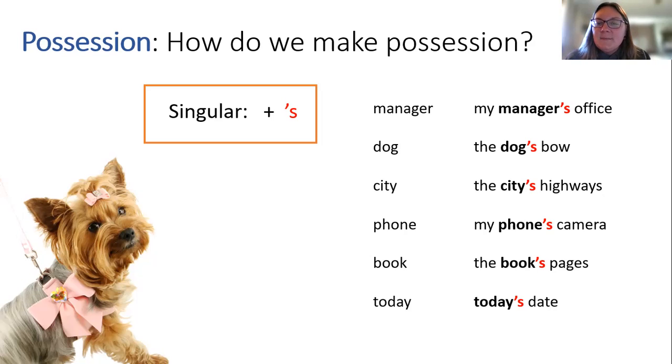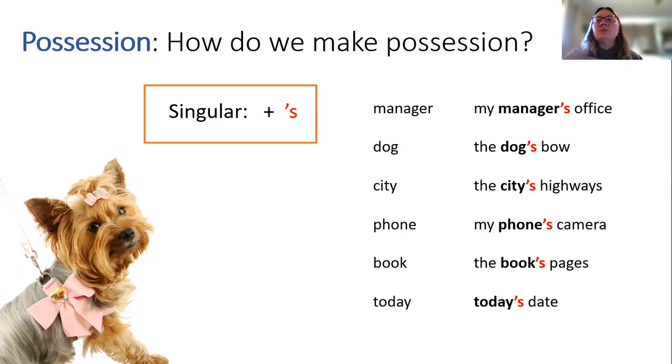Likewise with cities, highways, a phone's camera, books, pages, or even today's date. Notice that a manager is a person, right? Dog is an animal. City is a place. Phone and a book are objects you can hold or touch. And today is an idea noun.